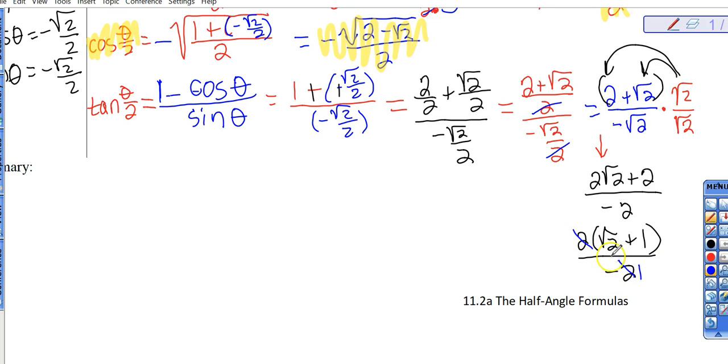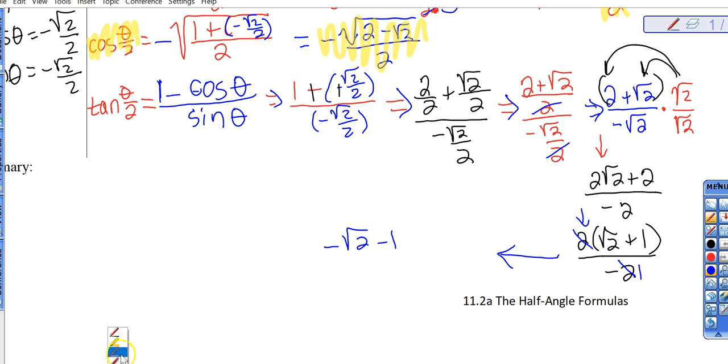That's a negative 1. So square root of 2 plus 1 divided by negative 1 is negative square root of 2 minus 1. That was a lot of work. Follow the arrows. Follow the yellow brick road.